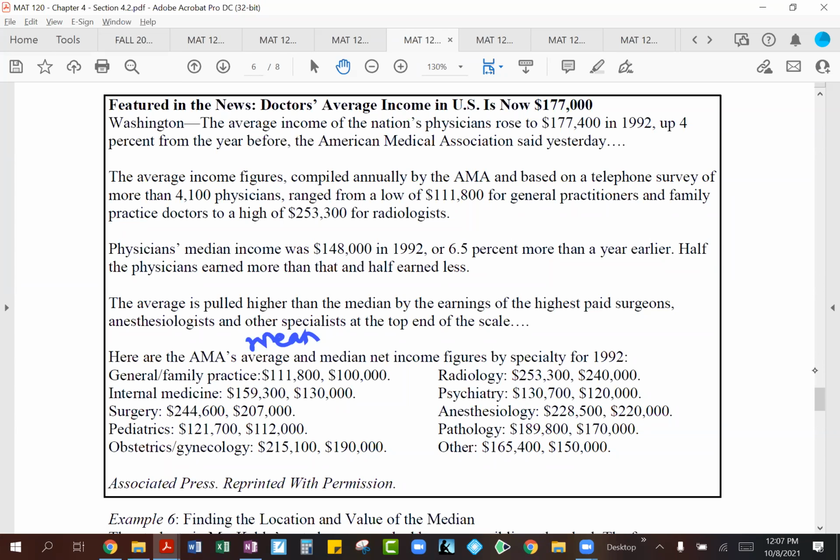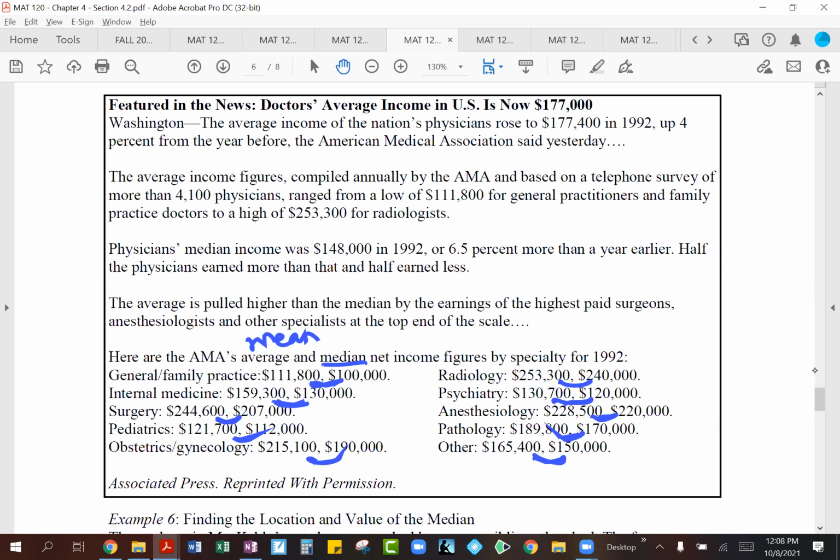But in just English, a lot of people just think of mean as the word average, so sometimes it can get a little confusing. When they're talking about the average here, they're talking about the mean, and then we have the median income. You can see when they do the 2 different calculations, how different these 2 numbers are, based on which calculation they used. Sometimes in statistics, we ask the question: which measurement is more appropriate?